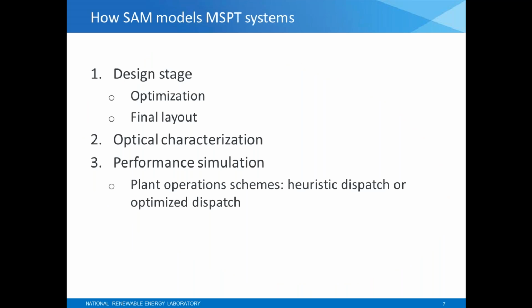Okay, so there's really 3 steps to understanding how SAM models molten salt power tower systems in terms of the process involved. The first 2 steps are things that really the user needs to manage. That is first the design stage.